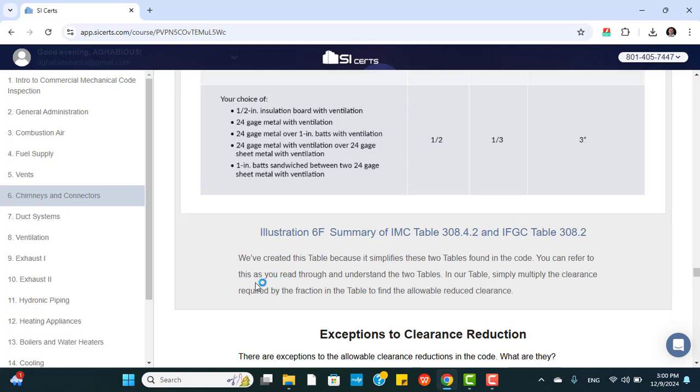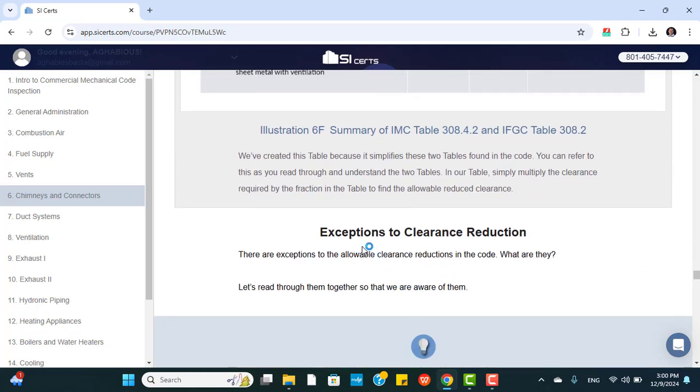You can refer to this as you read through and understand the two tables. Simply multiply the clearance required by the fraction in the table to find the allowed reduced clearance.